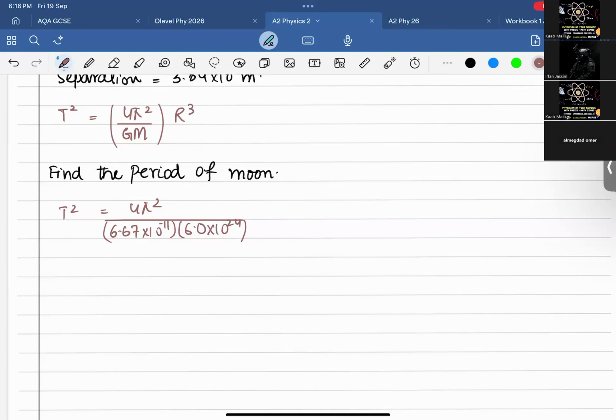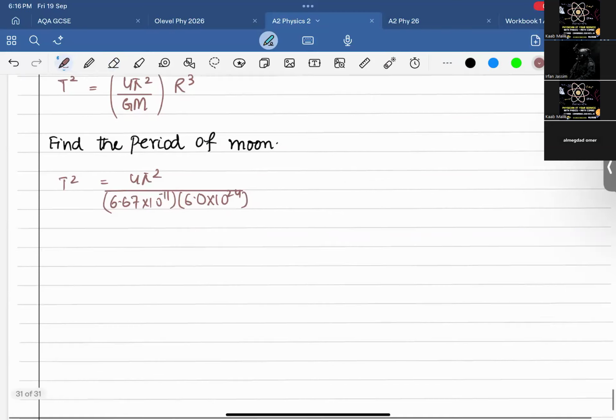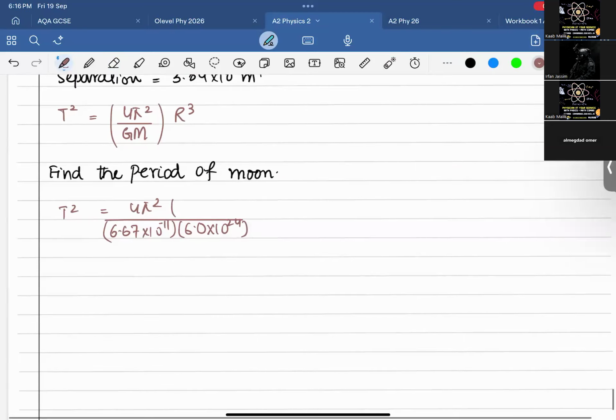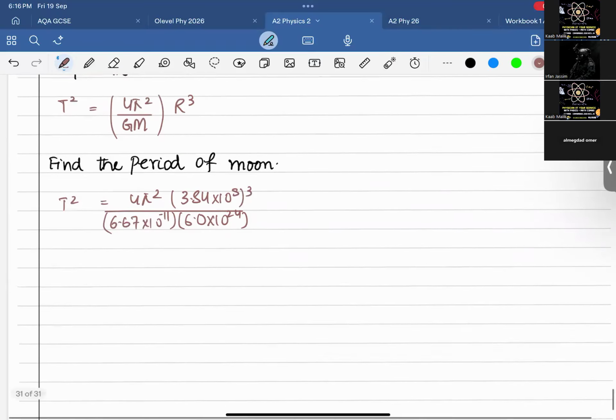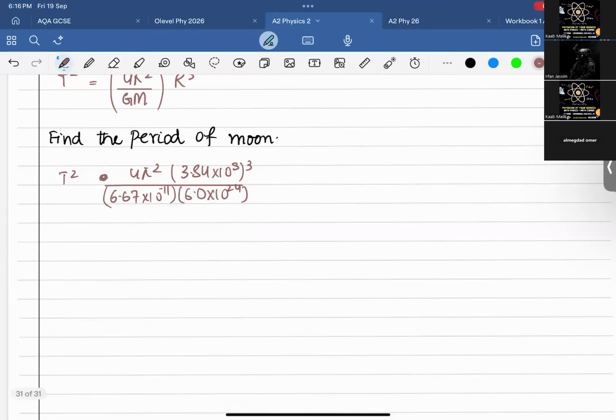Just consider the mass of the object around which the satellites are moving, times r cubed, where r is 3.84 times 10 to the 8, cubed. And then just square root the whole thing.